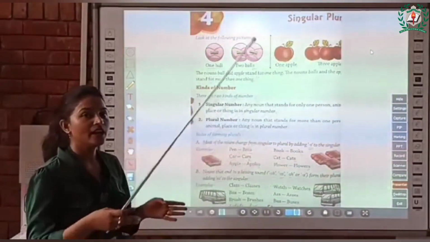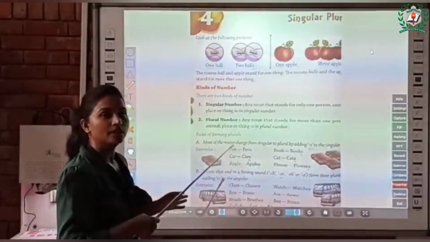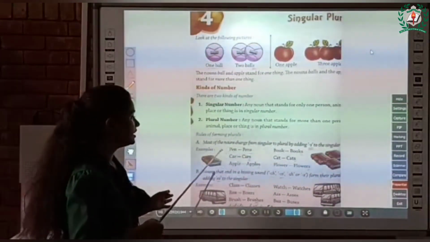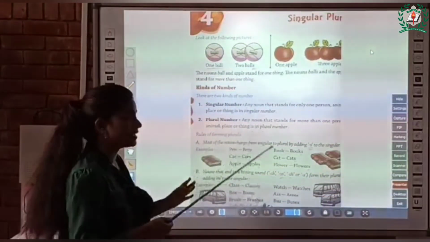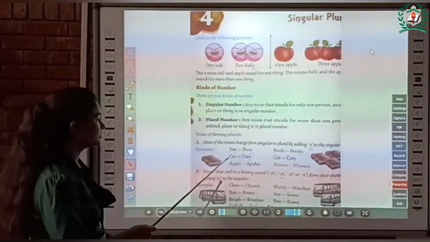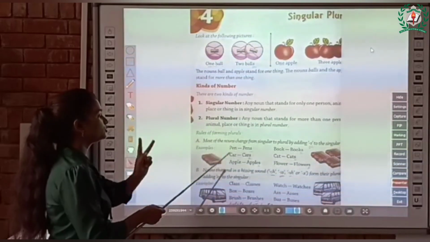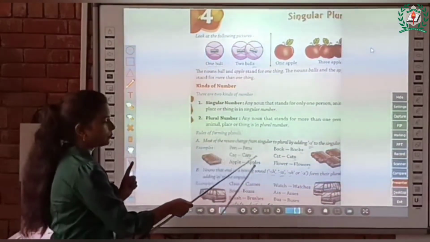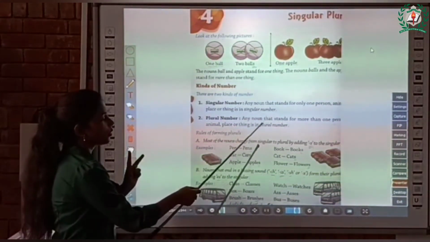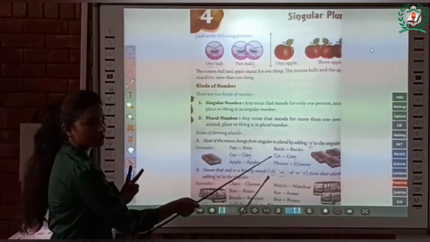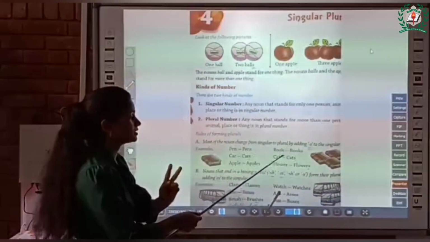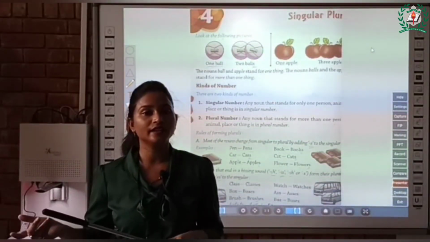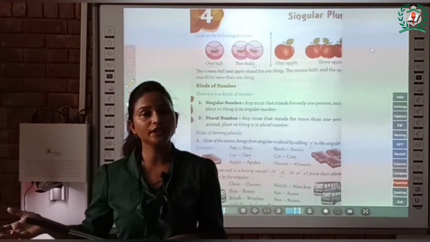By adding s to the singular noun, pen, and it becomes pens. Like this, one car becomes two cars, one apple becomes two apples, one book becomes two books, one cat becomes two cats, one flower becomes two flowers. So we form plurals by adding the letter s to the end of the noun.